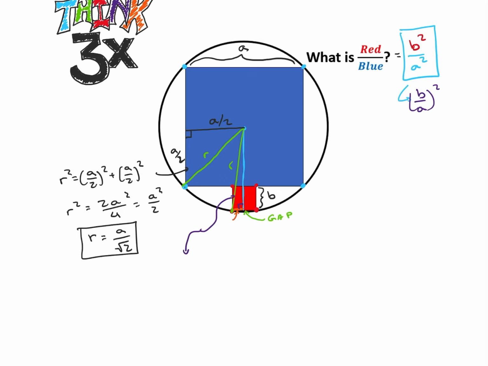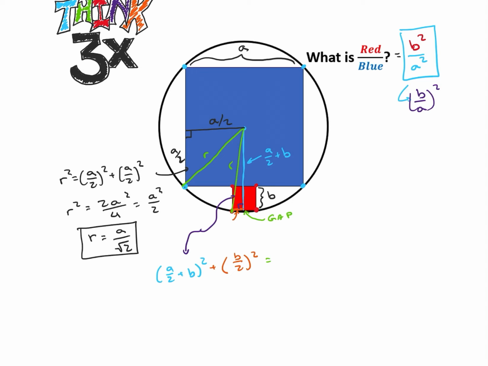So let's look at my blue side here. What is this blue side? So this blue side is A over 2 plus that side B. So I'm going to write that as A over 2 plus B. And we're going to use Pythagorean theorem, so I'm going to square that. Then I'm going to square this small side, B over 2, and that's all going to be equal to R squared.